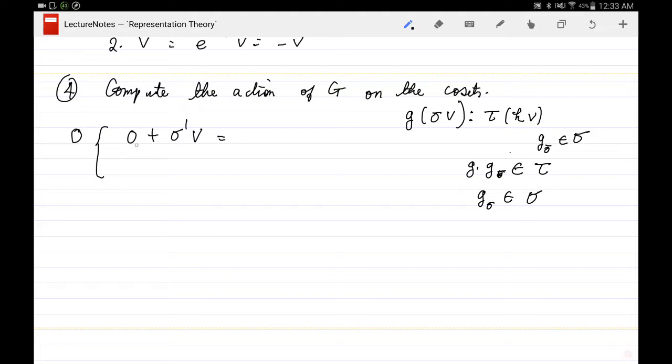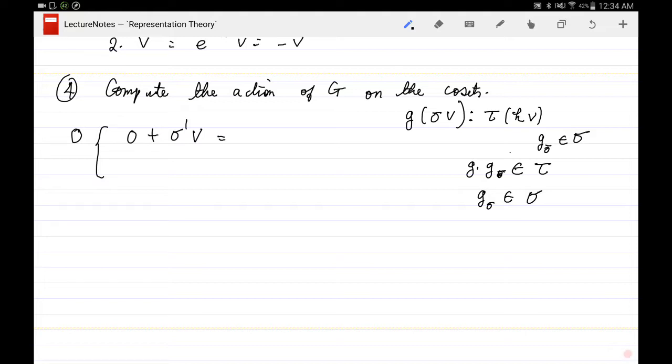So we have 0 acting on this coset sigma 1 V. And remember, what we have to do is write the result as an element from the subgroup times a coset representative, an element from our left transversal set.